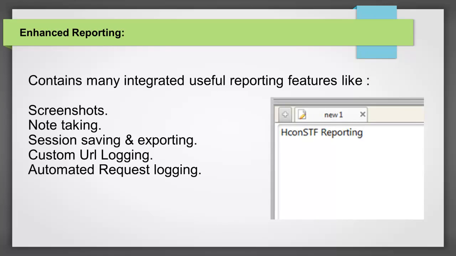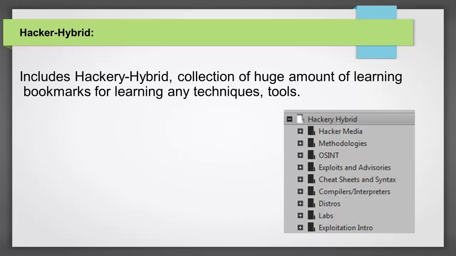Now coming to the reporting part, it has an enhanced reporting feature that contains many integrated useful features such as taking screenshots, note taking, session saving and exporting, custom URL logging, and automated request logging. Coming to Hacker Hybrid, it is a collection of a huge amount of learning bookmarks.